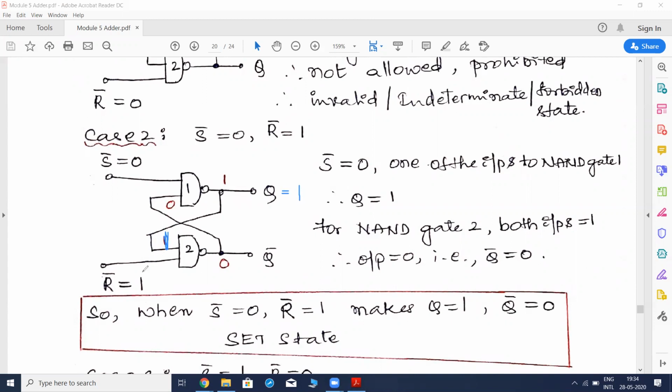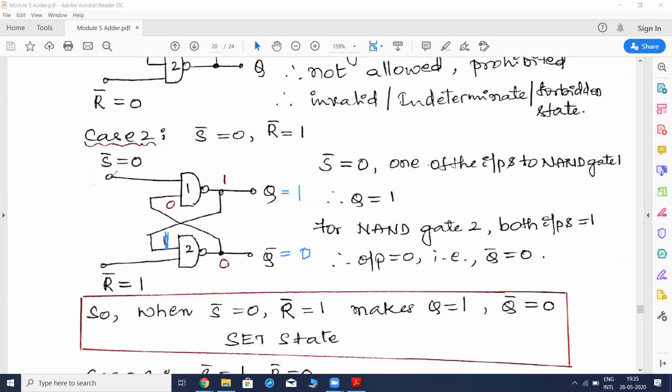This Q is also 1. If both the inputs are 1, we get Q bar equal to 0. Then when this Q bar goes to 0, with both inputs 0, obviously we'll get Q as 1. That becomes the next feedback, so we are not going for it.